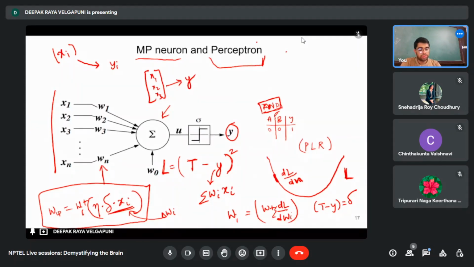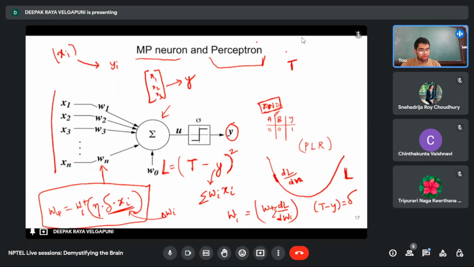So in your data, the xi's for each data point are very different, and for each data point you have some particular output. Let's say they belong to some class or they don't, or if you take the logic gates example, it's a 0 or 1 output, and you know for which inputs you have 0 and for which inputs you have 1. So let's say you have a target t.